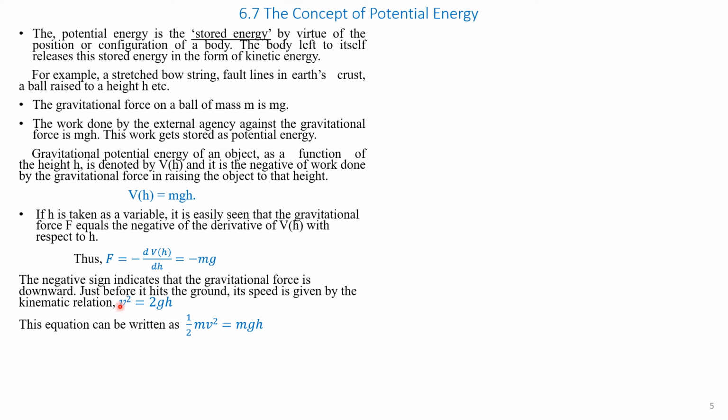That is, we multiply both LHS and RHS with m and shift this 2 to the denominator on the left hand side, which shows that the gravitational potential energy of the object at height h when the object is released manifests itself as kinetic energy of the object on reaching the ground.